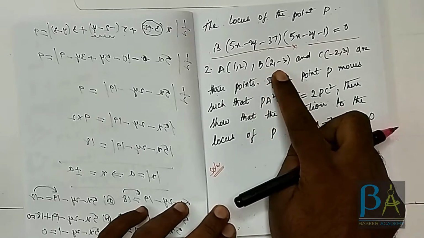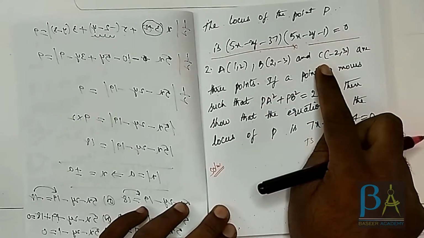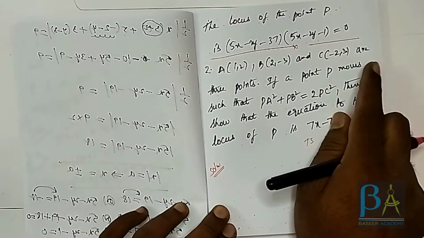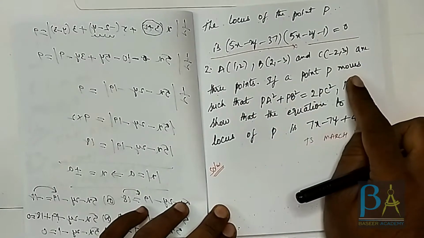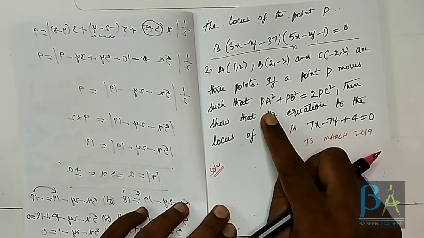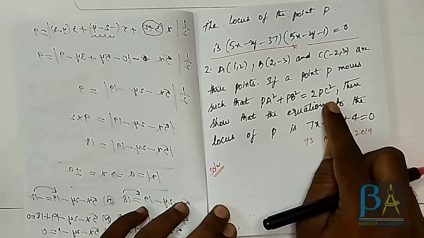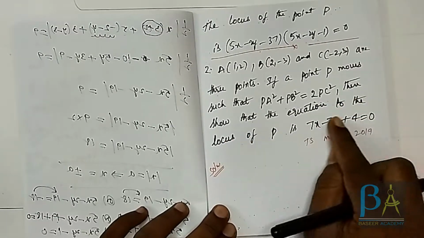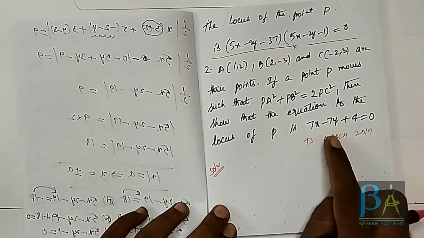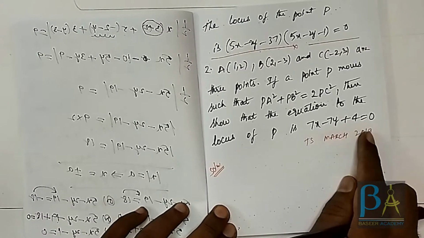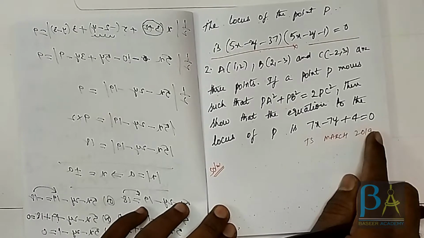There's a point B with the coordinates 2, minus 3, and then we have a point C minus 2, 3. These are 3 points. If a point P moves such that PA square plus PB square is equal to 2PC square, then show that the equation to the locus of P is 7x minus 7y plus 4 is equal to 0.